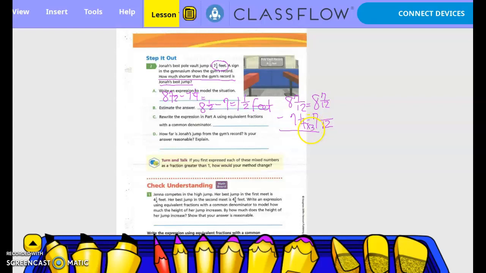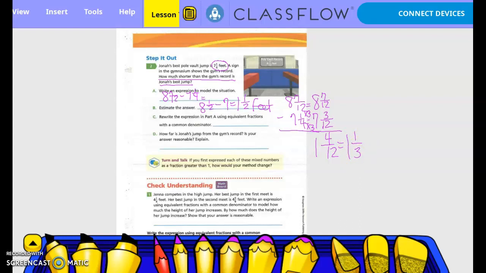Times 3. So 1 times 3 is 3. So 7/12 minus 3/12 is 4/12. 8 minus 7 is 1. Is that in simplest form? No. What goes into 4 and 12? 4. 4 goes into 4 once, 4 goes into 12 3 times.